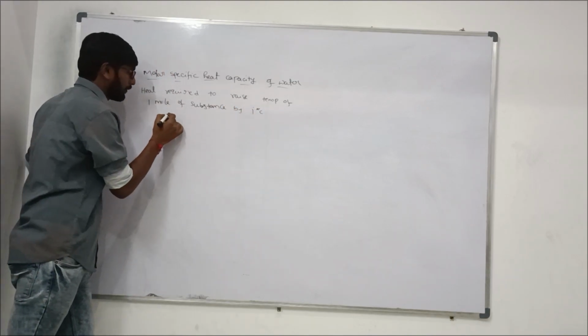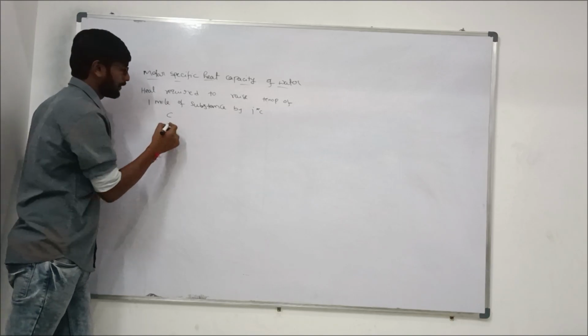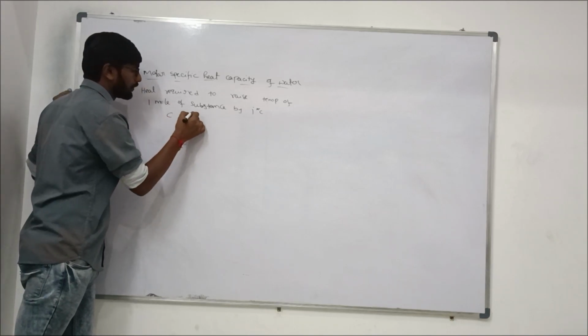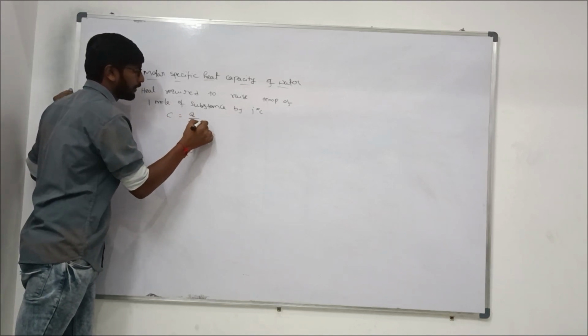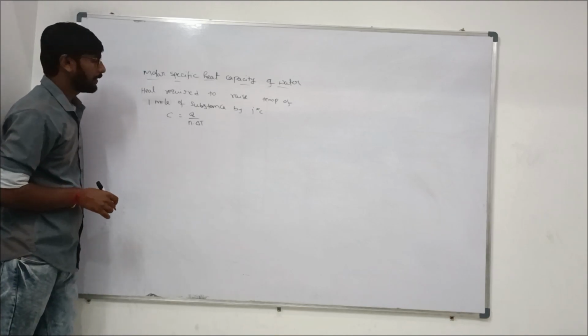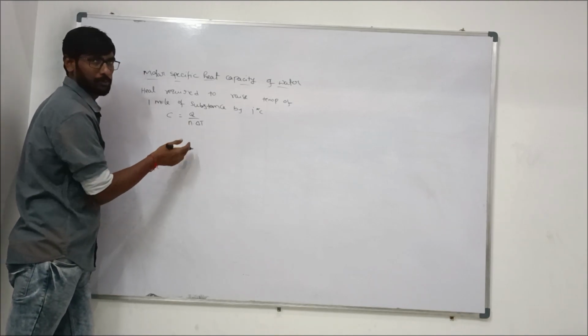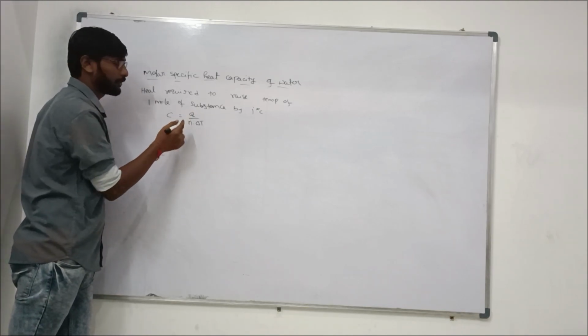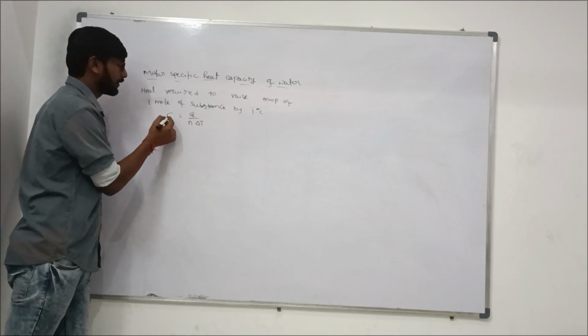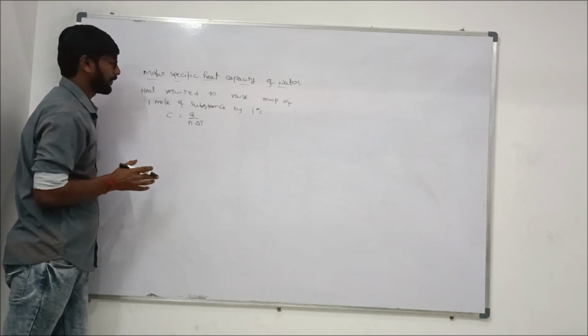So molar specific heat we will write as C equals Q by N delta T. N is the number of moles, delta T is the change in temperature, Q is the amount of heat which you have given, and C is the molar specific heat capacity.